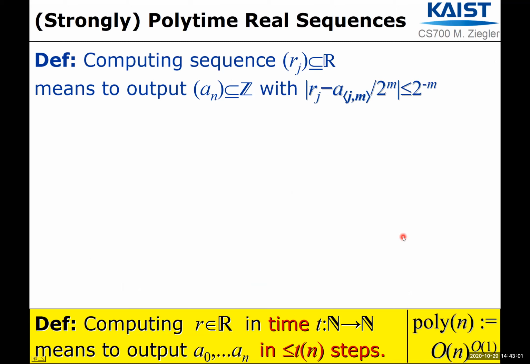This is to remind you, computing a sequence, of course, means to approximate any desired entry of the sequence by dyadic rationals, right? So this is our standard definition for computing a sequence. And here the numerators of the dyadic rational approximations have two indices. It's a double sequence, which we can and regularly do combine to a single sequence using this pairing function.